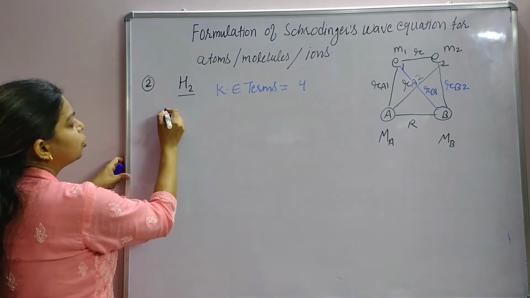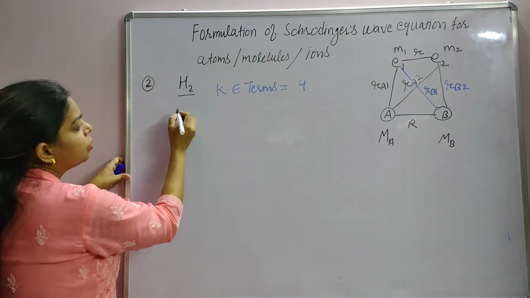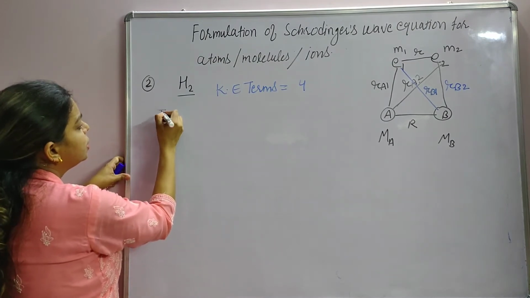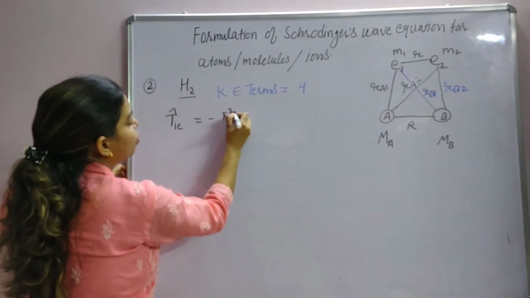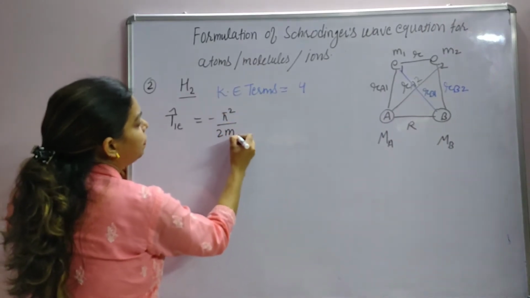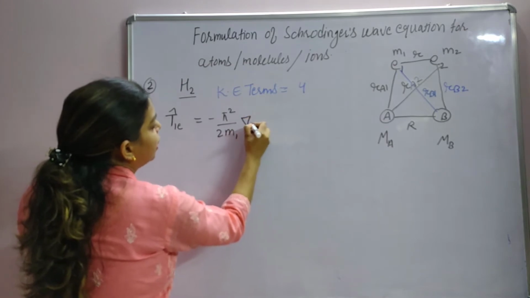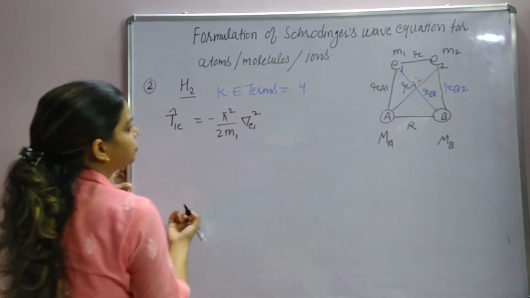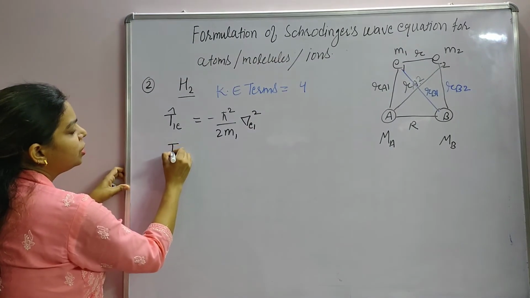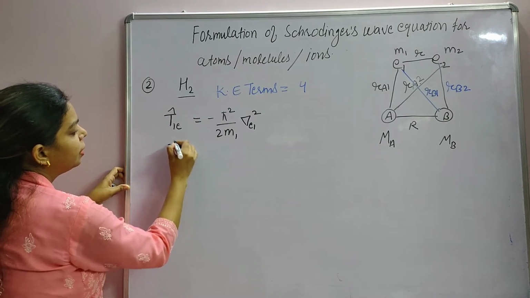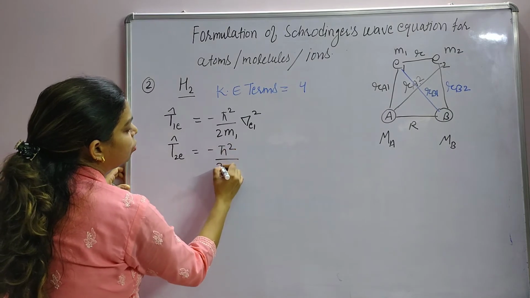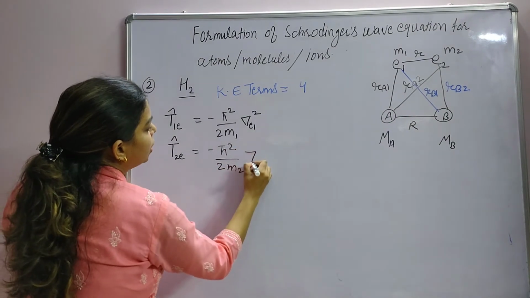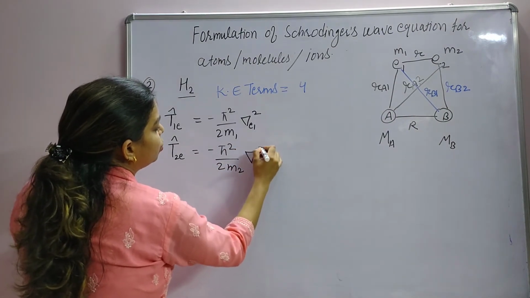For the first electron we have minus h bar square by 2m1 del E1 square. Kinetic energy term for second electron will be minus h bar square by 2m2 del E2 square.